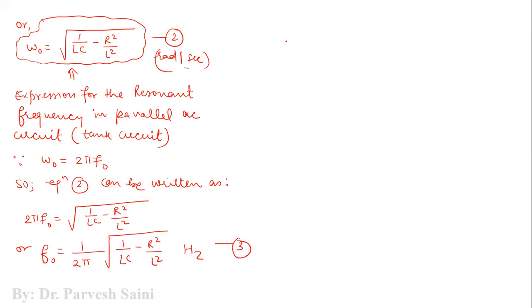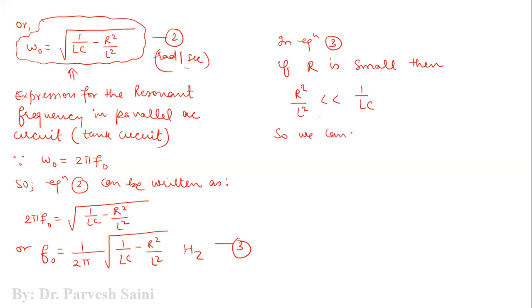Now in equation 3, if you see, if R is small, then R square by L square is very much less than 1 by LC. So we can neglect R square by L square in equation 2 or 3.